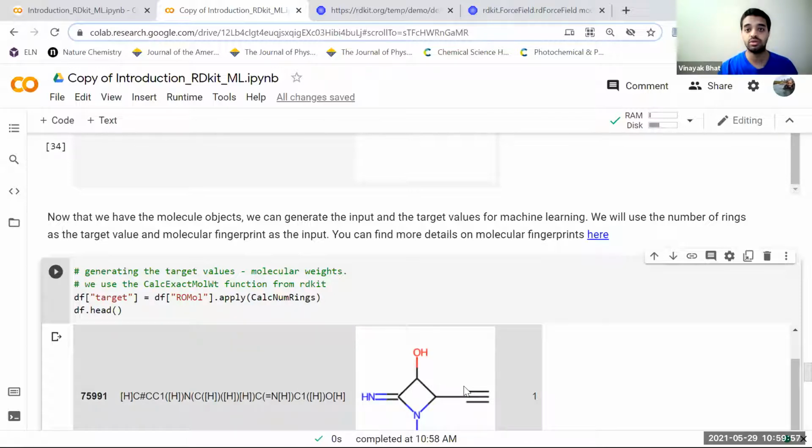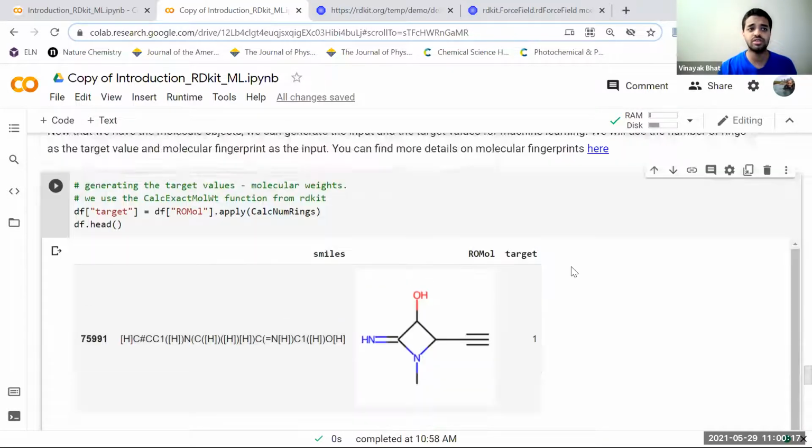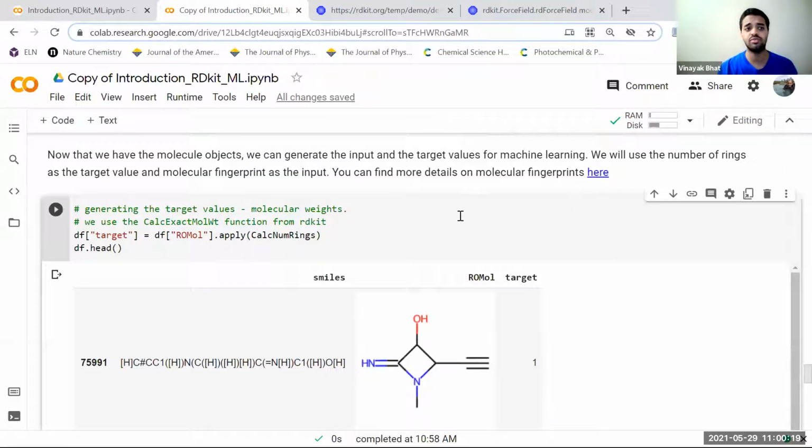The question was, is there any stored library of molecules from where we can directly use? Yes, there is some stored library, and it's in RDKit. I forgot the name, but there's data for solubility and other things, and you can directly import them. Maybe at the end of this I'll tell you how to use it.